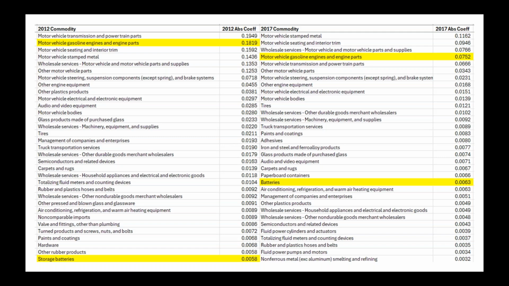So this screenshot contains some benchmark data showing purchases made by the automobile and light duty motor vehicle manufacturing industry in both 2012 and 2017, and they're converted into coefficients. So this happens to be one of those industries that was lost due to a loss of NAICS detail.